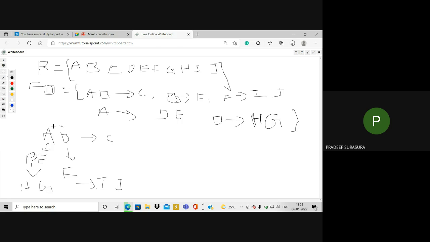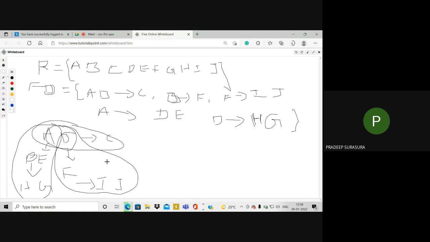So the key is AB here. This will be in one table, this in one table, this in one table for second normal form violations. Please write down how to solve from the initial level. After writing this problem, start the solution like this.